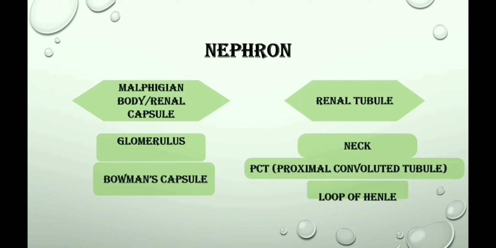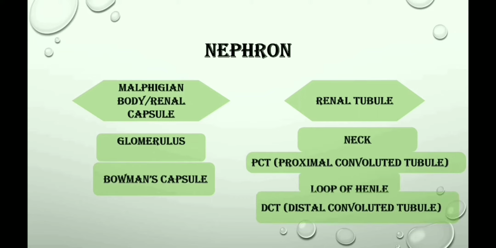This loop of Henle is connected to DCT, that is distal convoluted tubule. It is a distal end, it is highly coiled and it is tube-like. That's why it is called distal convoluted tubule.